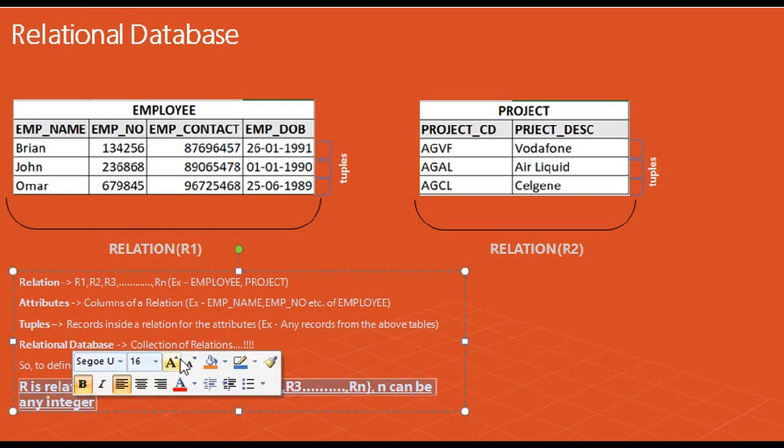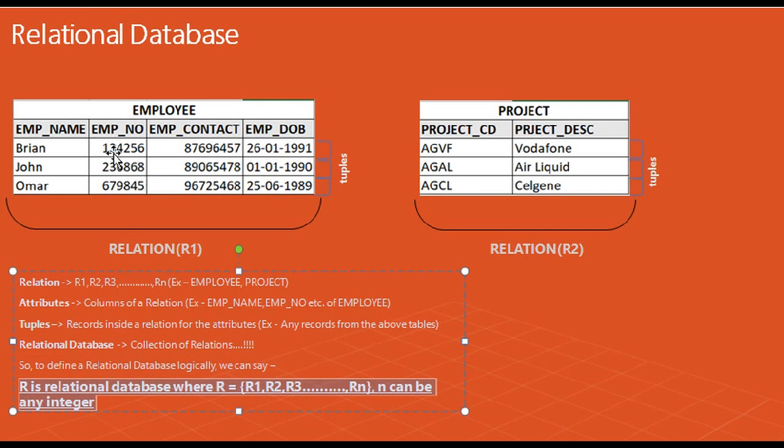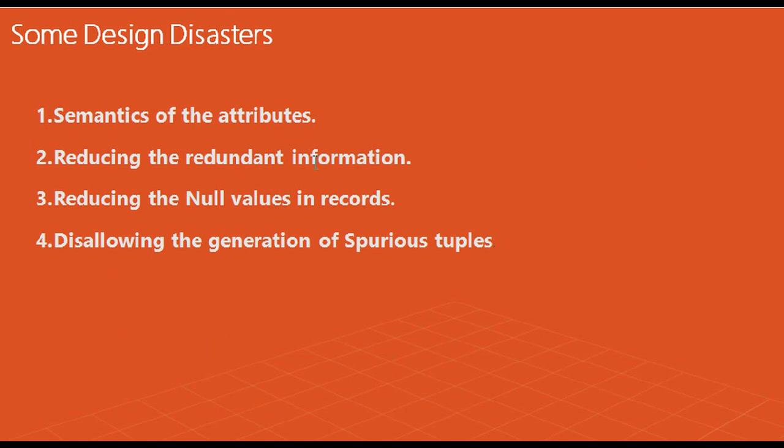These are the main design disasters that basically lead to the concept of normalization. To be honest, these are very common disasters that developers or data modelers are prone to make, and normalization is the medicine that cures them. The first design disaster is semantics of the attributes.